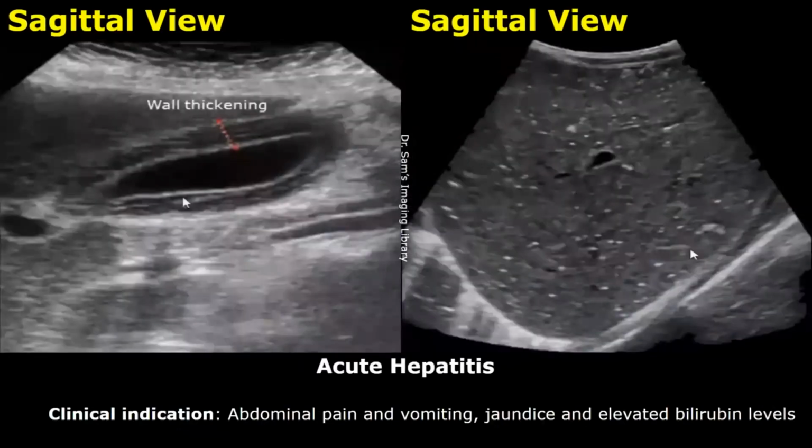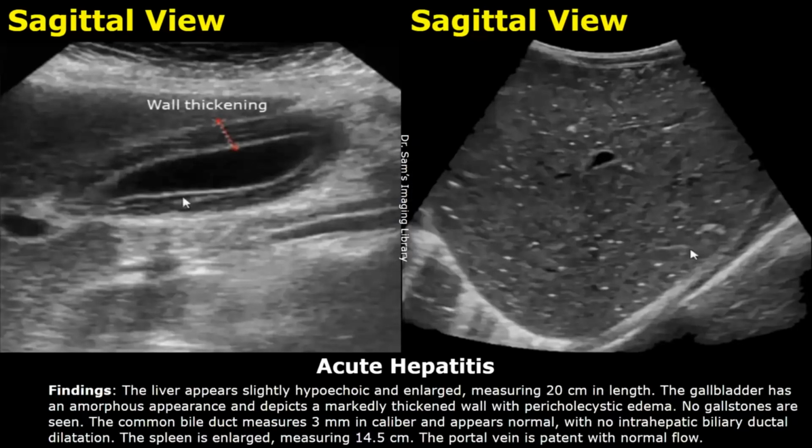For acute hepatitis, the clinical indications are usually abdominal pain and vomiting, jaundice, and elevated bilirubin levels. Typical findings of acute hepatitis is an enlarged liver, which may have a hypoechoic appearance.